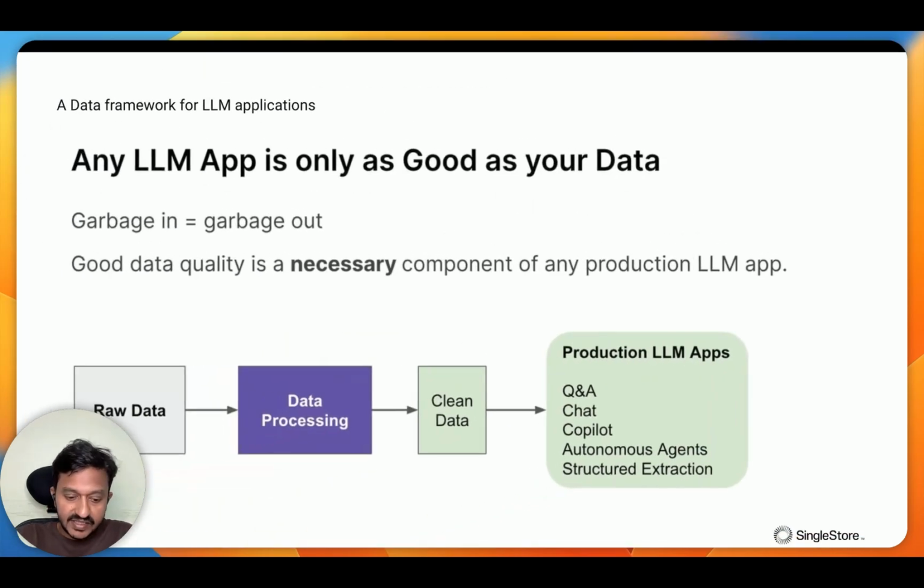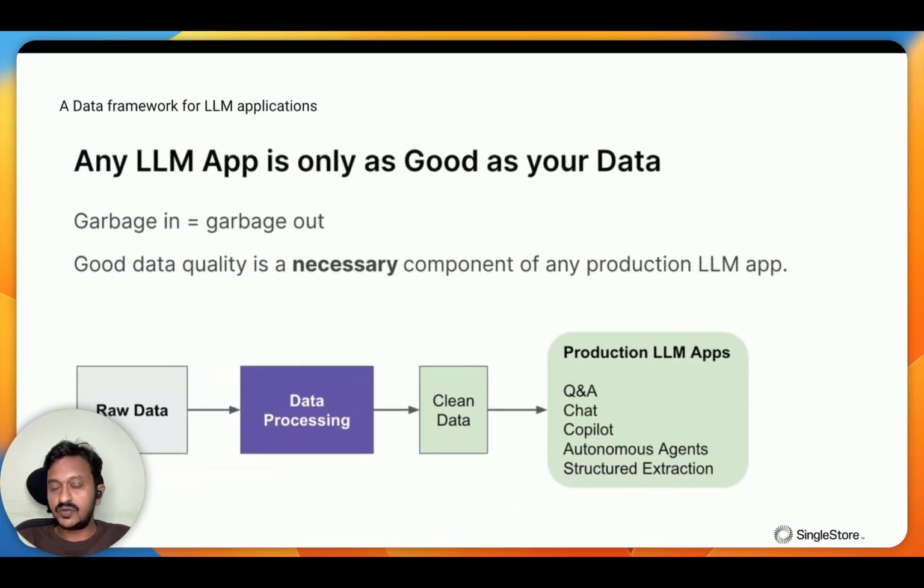One thing that needs to be taken care of while building any LLM application is that any LLM app is only as good as your data. If you put garbage in, garbage comes out. So data quality is very important in building AI applications or RAG applications.